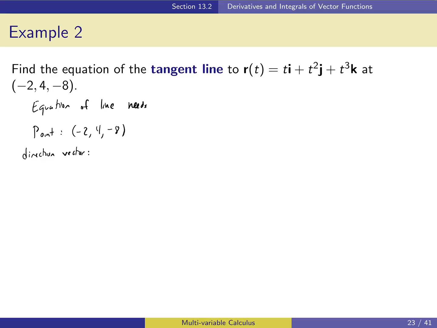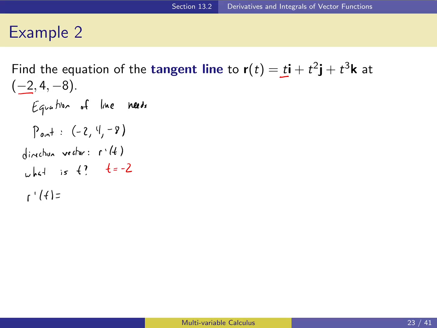The direction vector will be the tangent vector, r prime of t. Of course, we have to figure out what t is. Well, it's not hard to see that if we just equate, for instance, this term with this term, we get t equals -2. And so we can compute r prime of t by taking the derivative of each term.